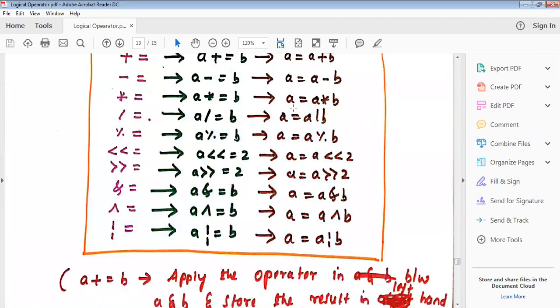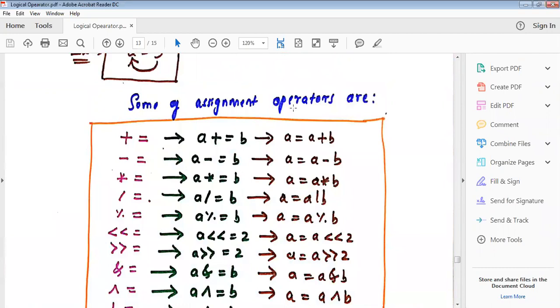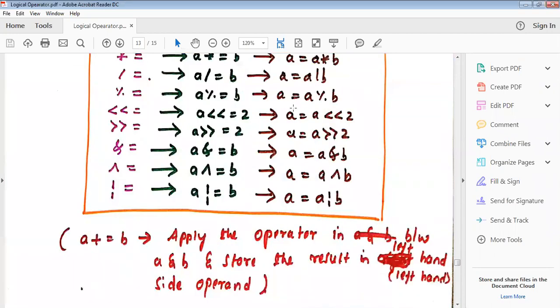Like this, you have to write every assignment operator.